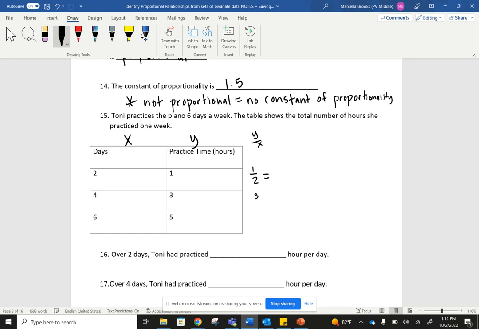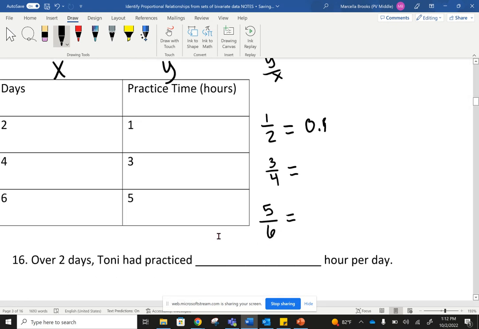The next one is 3 hours over 4 days, 5 hours over 6 days. So we're going to type all those in. 1 divided by 2 is 0.5. 3 divided by 4, that's 0.75. 5 divided by 6 is 0.8333, repeating.